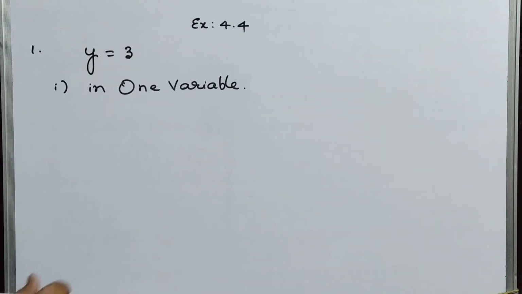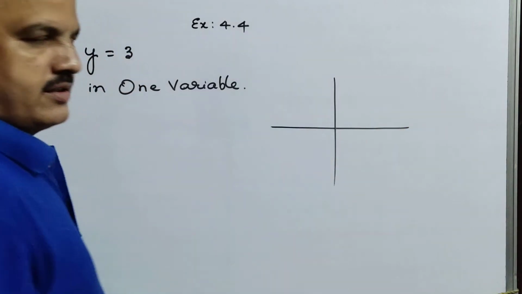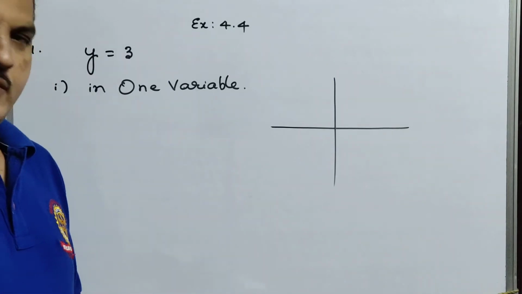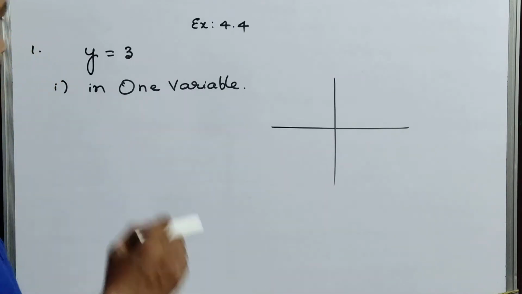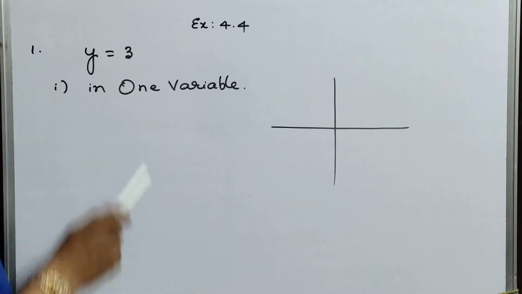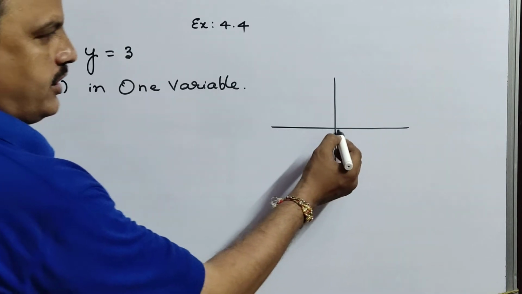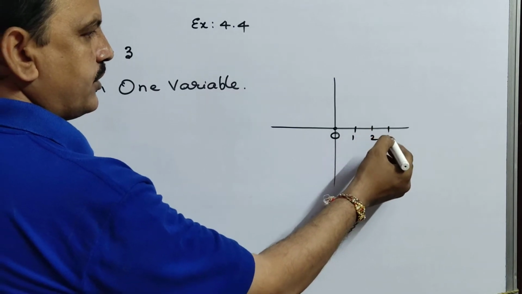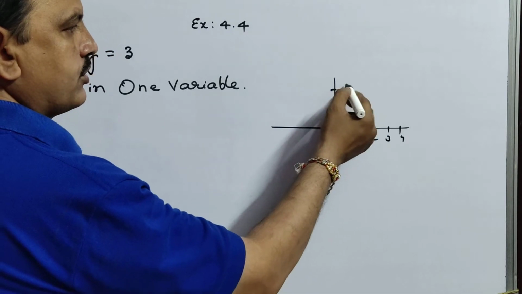Children, you all know the x-axis and y-axis, yes or no? This one needs no graph; there is no need to draw in the graph book, we can do it in the notebook itself. As you know, in one variable the question is y equals 3. If you plot the points 0, 1, 2, 3, 4, these are all on the x-axis, whereas on the y-axis 1, 2, 3.